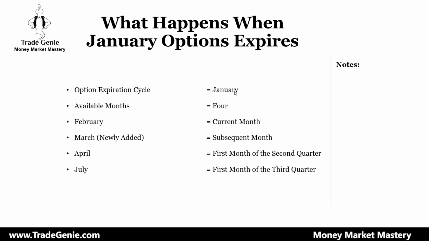Because it's assigned a January cycle, and we need to have 4 months, including a current month and subsequent month, February will become the current month, April and July are still there from the previous cycle, and the month of March will be added. So if January expires, February, which was the subsequent month, becomes the current month, and you will see March added to the option chain.